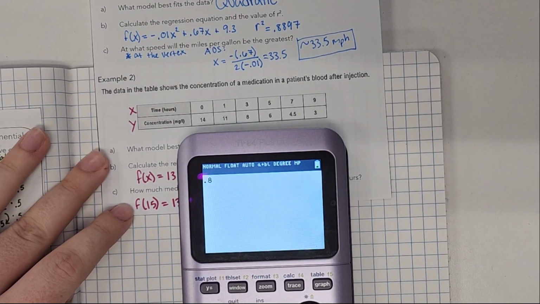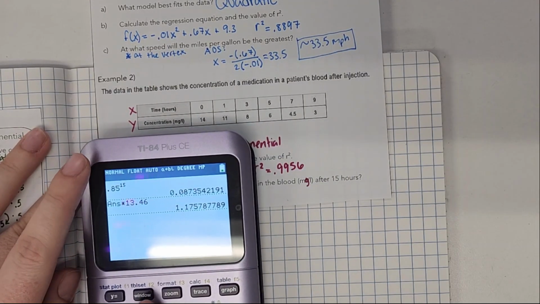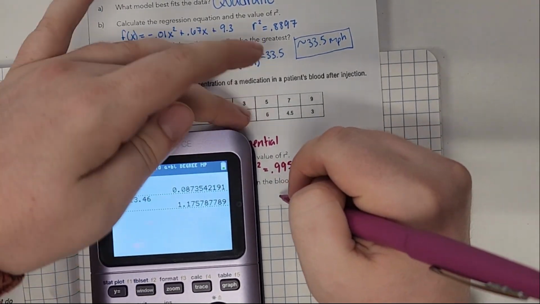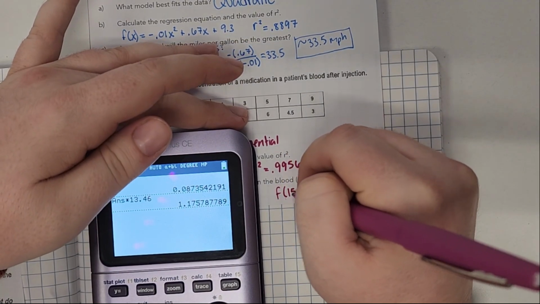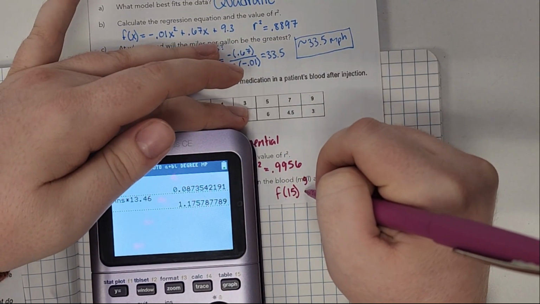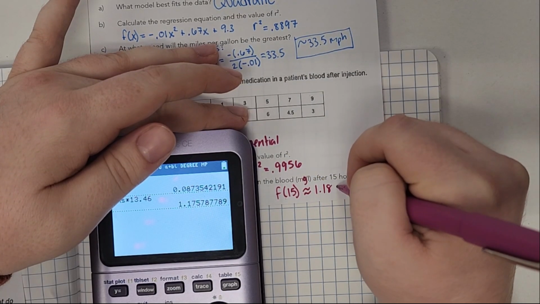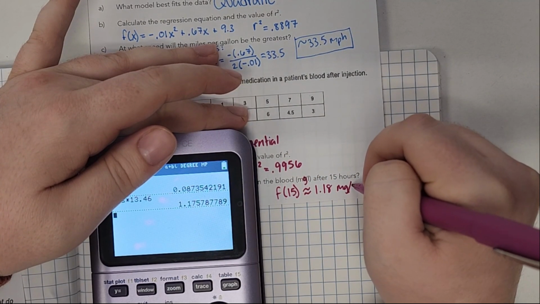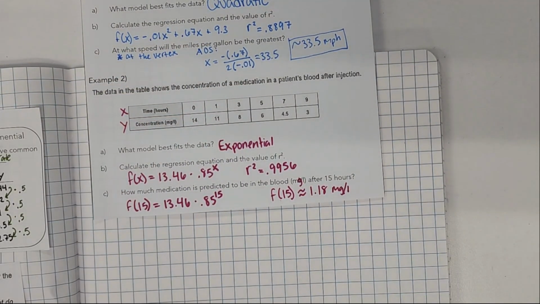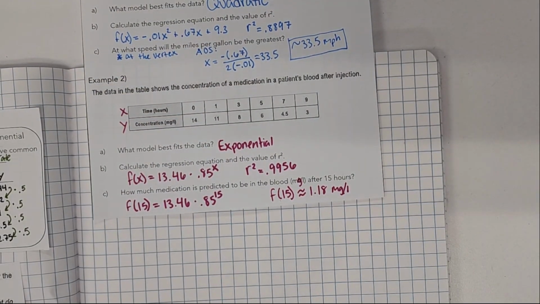So I have 0.85 to the power of 15 times 13.46 gives me that after about 15 hours, we're going to have approximately 1.18 milligrams per liter of medication in the blood.